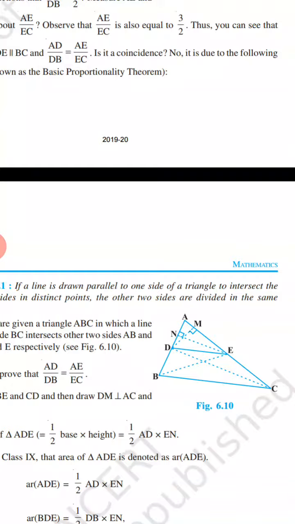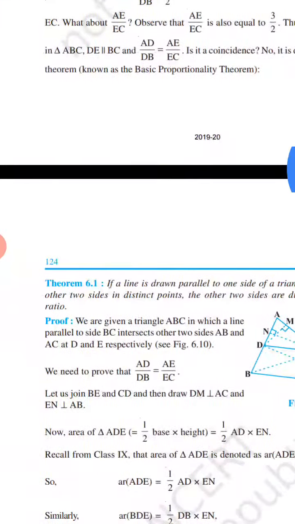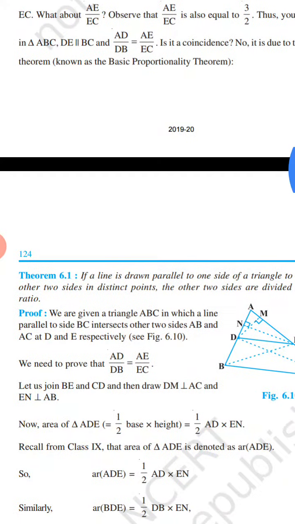What we have to prove? That AD by DB is equal to AE by EC. This is the theorem. So you have to write the given and to prove. To prove is the ratio AD by DB is equal to AE by EC.